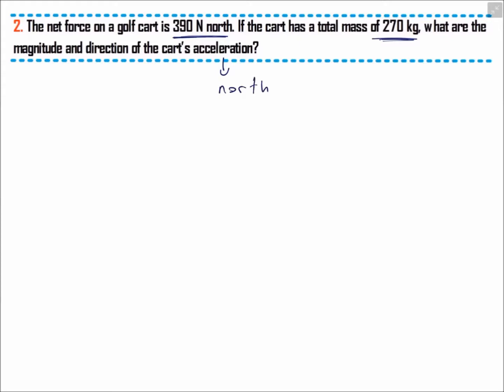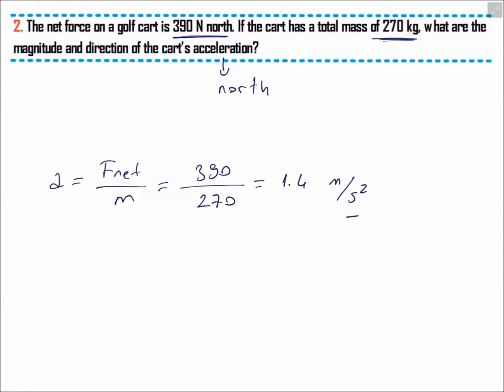And it's asking acceleration. Acceleration is F net over mass, the net force 390 over mass 270, so it will be 1.4 meter per second squared.